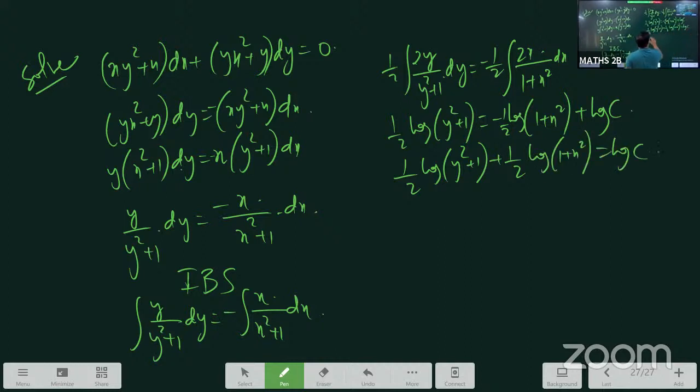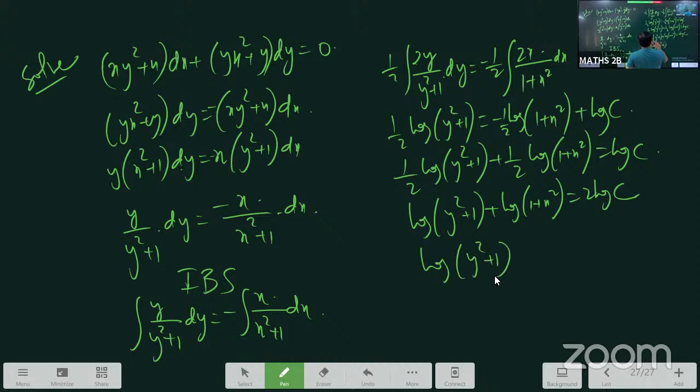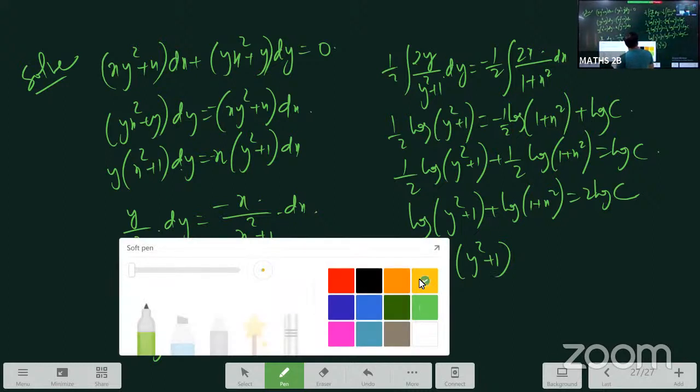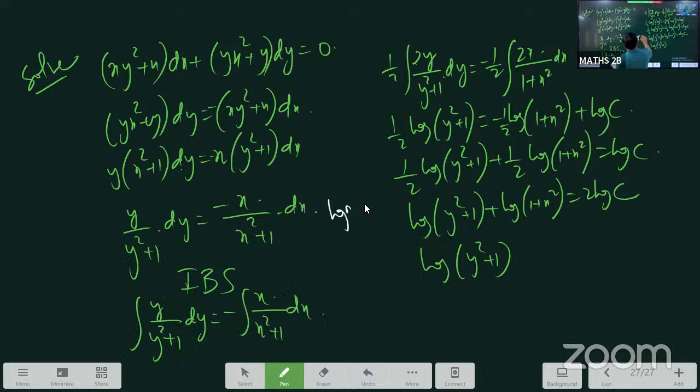Take 2 LCM and bring it to that side: log (y² + 1) plus log (1 + x²) equal to 2 log c. Now this is log m plus log n. Already I told you, log m plus log n is log mn.